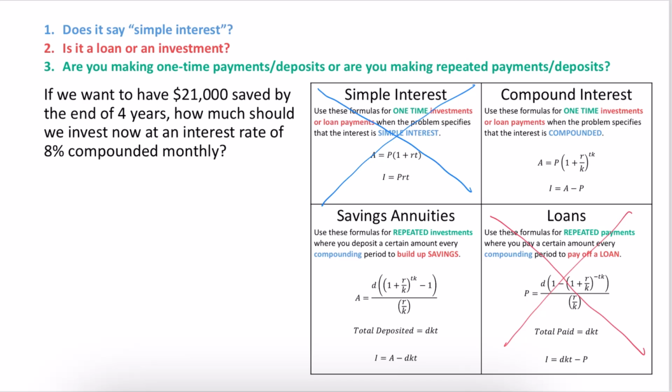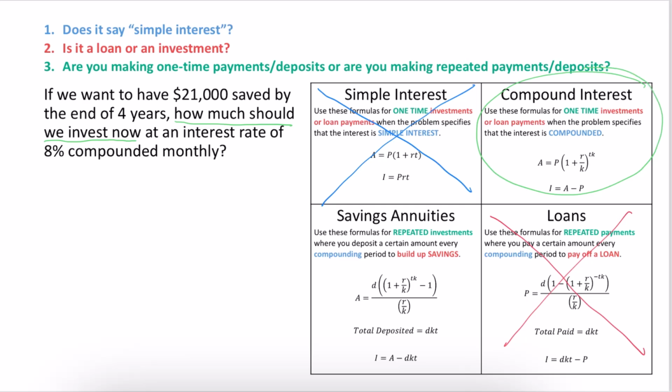Reading through the problem, this sentence where it says, how much should we invest now at an interest rate of 8% compounded monthly, that's my clue to tell me that I'm investing a whole bunch of money right up front. And so that means that this would be a compound interest situation.